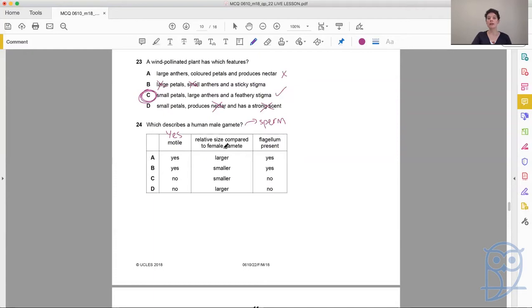Relative size compared to the female gamete, which is smaller, the sperm or the egg? The sperm is definitely smaller because the egg has all the nutrients required. Flagellum present? Yes, the sperm does have a flagellum. That's how it gets its movement. So where do we have yes, smaller? Yes, it's here in B. So our answer for 24 is B.